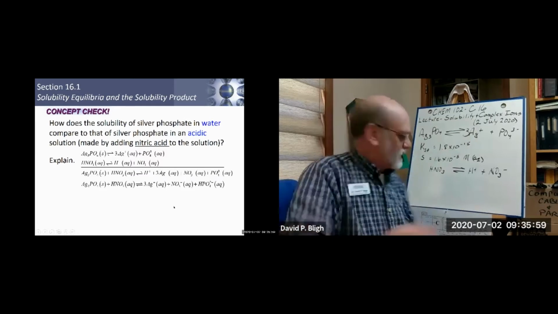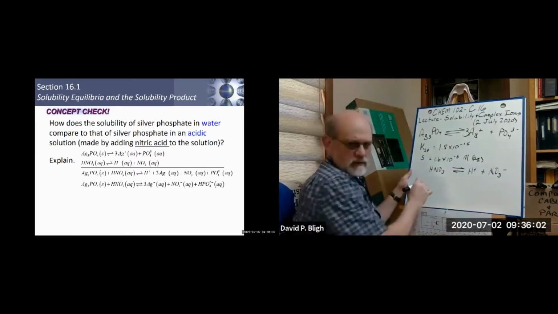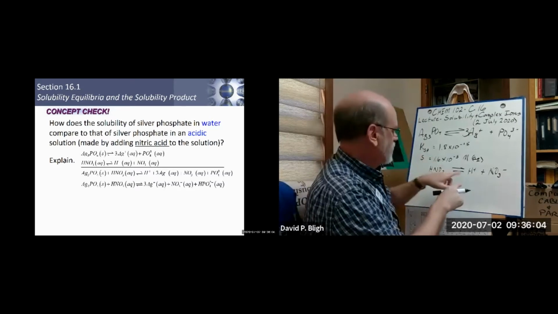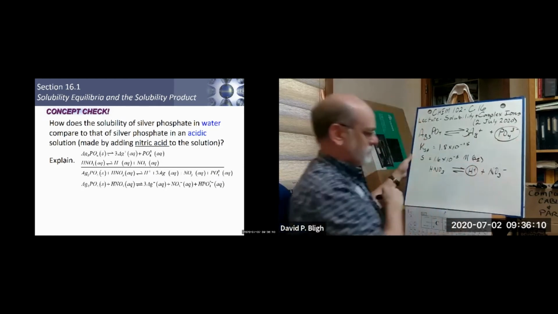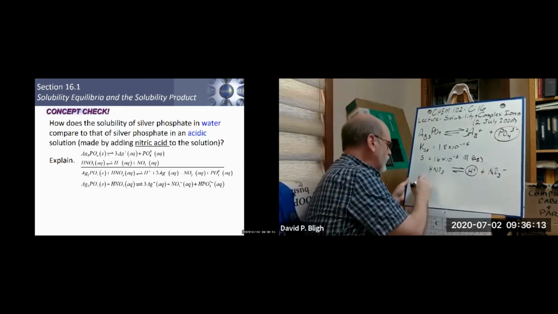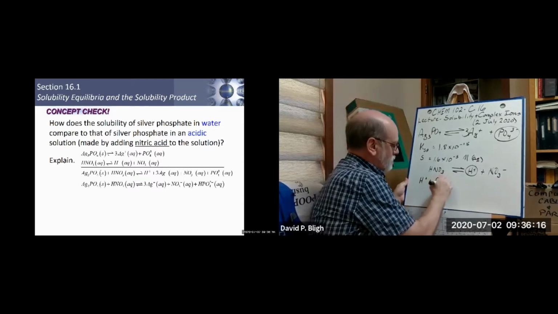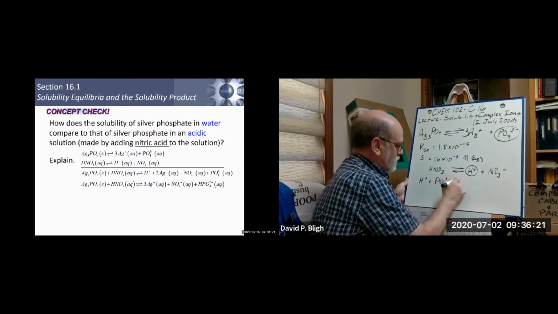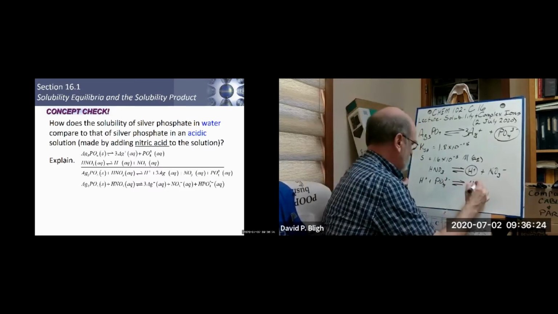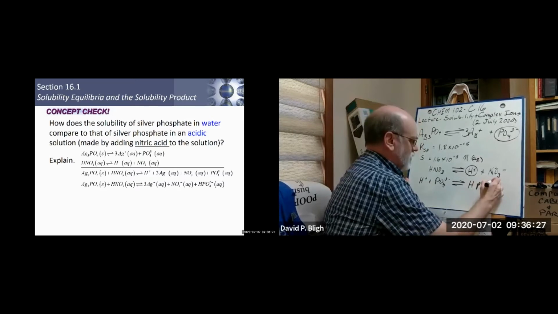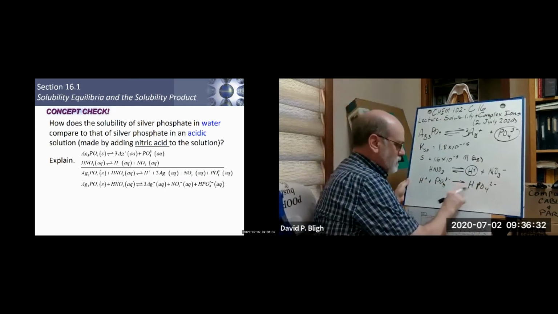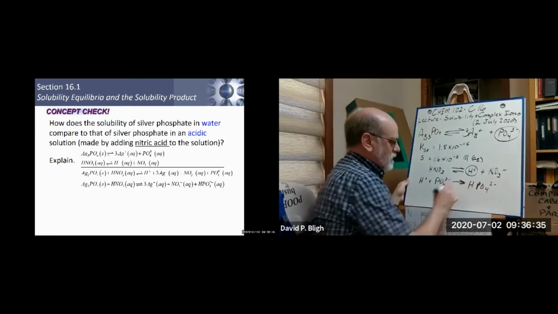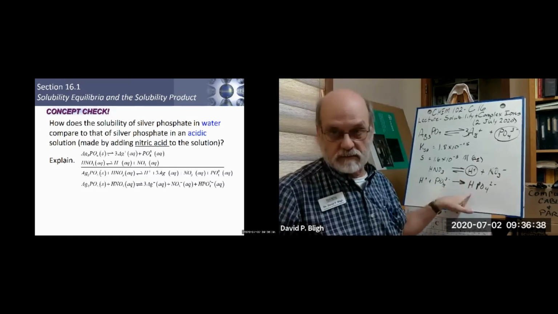We know that phosphoric acid, if we combine this one and that one, we know that HPO4 2 minus, this reaction is very heavily weighted in that direction, right?